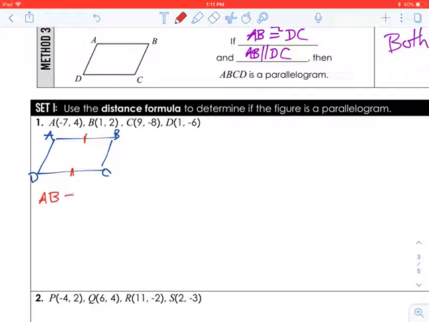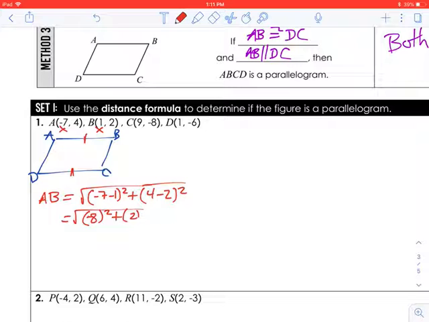AB is equal to x minus x, so -7 minus 1 squared plus 4 minus 2 squared. That's going to be -8 squared plus 2 squared, which is 64 plus 4, so the square root of 68.